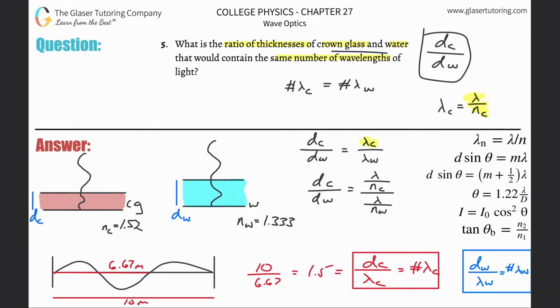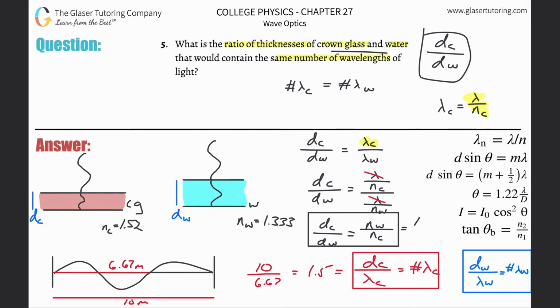Mathematically speaking, you can take this numerator fraction and multiply it by the reciprocal of the denominator, but at the end of the day, those wavelengths will cancel. We definitely want to come up with shortcuts by this point in physics, because these problems become long enough. And then we need the index of refraction of water on the top, divided by the index of refraction in crown glass. And finally, I have an equation that I can use to plug in.